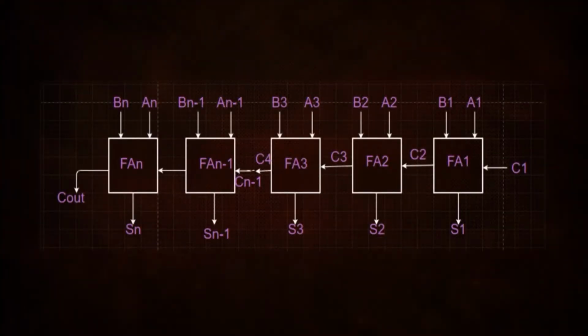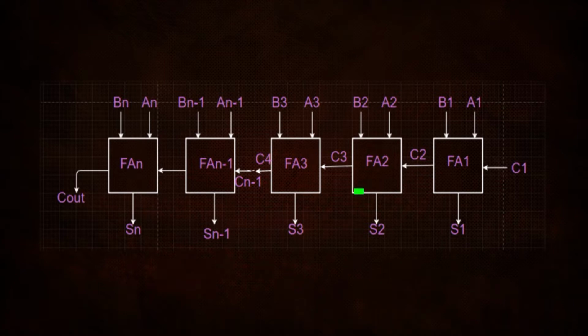This is the logic diagram of a parallel binary adder. As shown in the figure, firstly the full adder FA1 adds A1 and B1 along with the carry C1 to generate the sum S1, and the carry, say C2, is connected to the next adder in the chain.